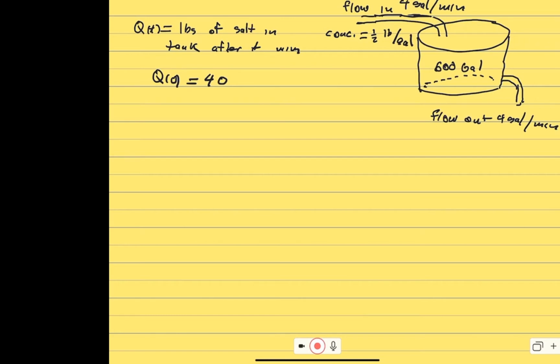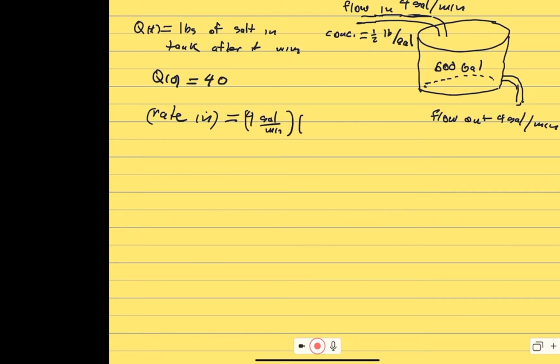Well, first we want to look at the rate in. The rate salt is coming in is going to be the 4 gallons per minute.